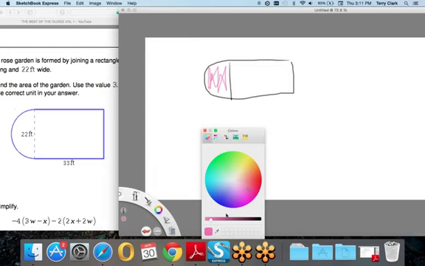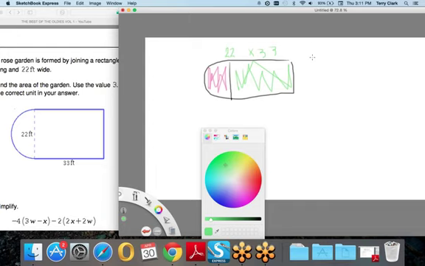So we got to find the area for that. And then we got to find the area for a rectangle, which is right in here. Okay. Well, we already know what the rectangle is. It's going to be 22 times 33. Because it's just the length times the width for a rectangle. So we already know what that's going to be.